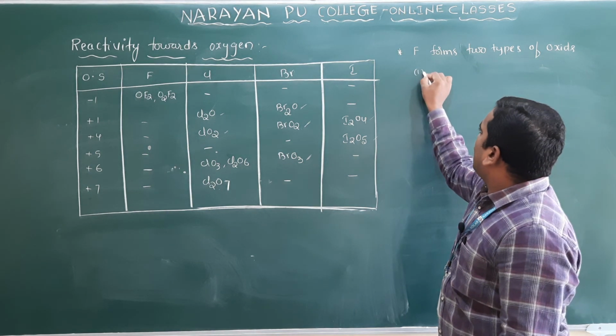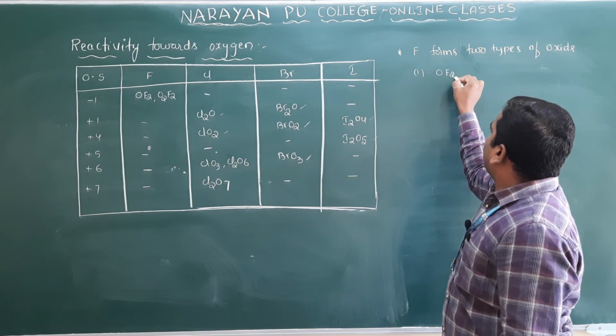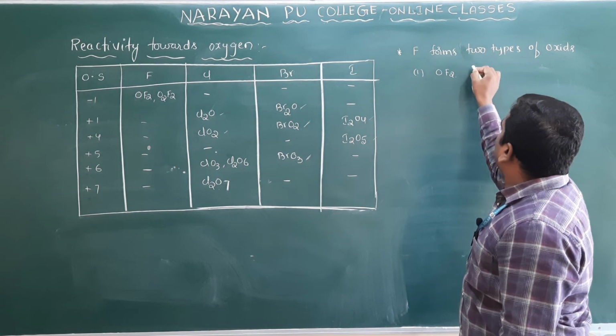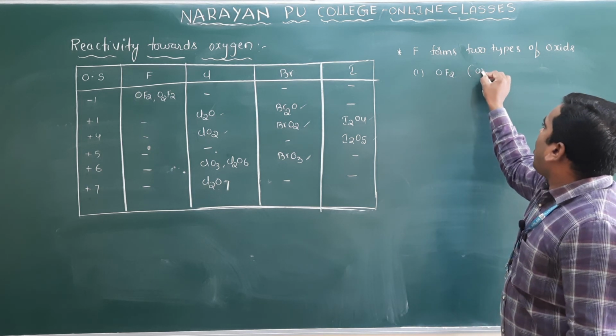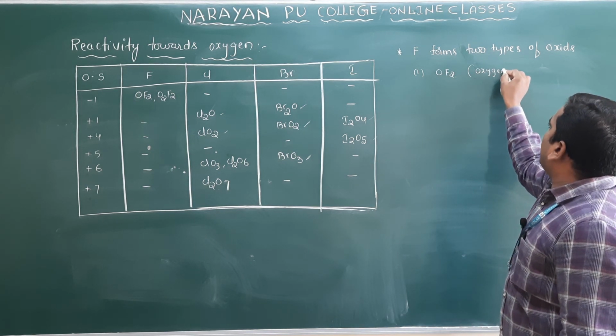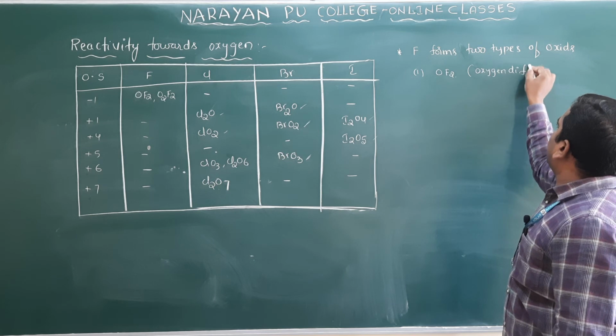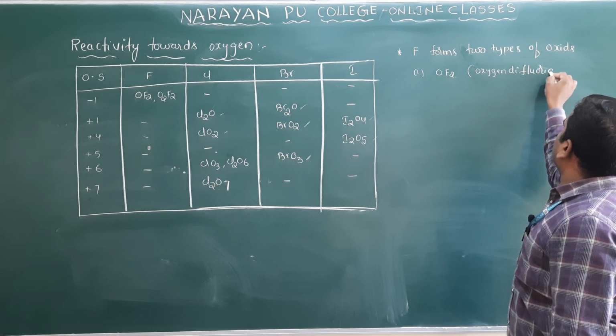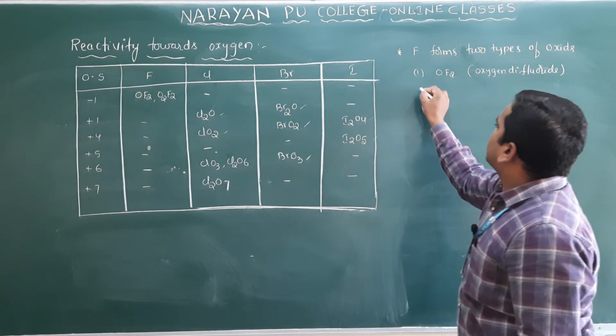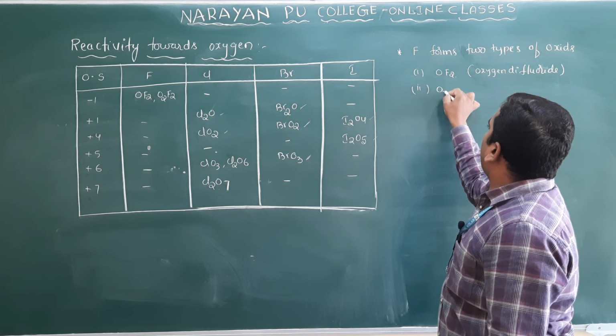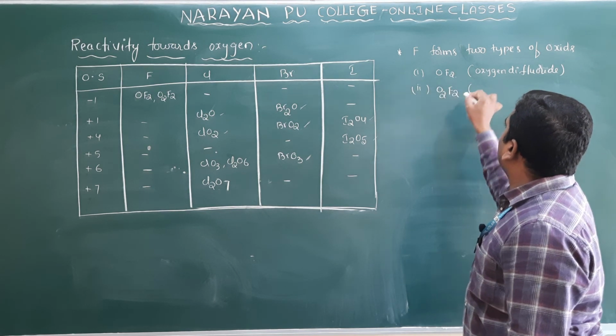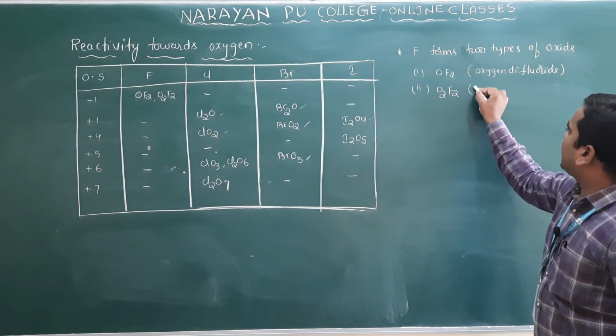One is OF2 and another one we will call oxygen difluoride. Oxygen difluoride. And second one is O2F2, dioxygen difluoride.